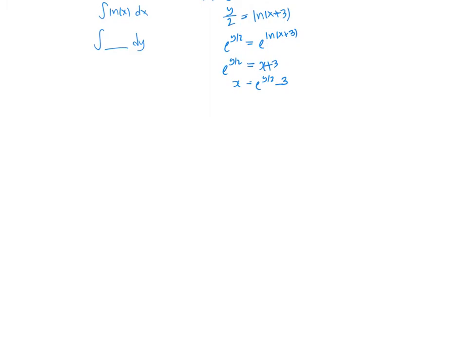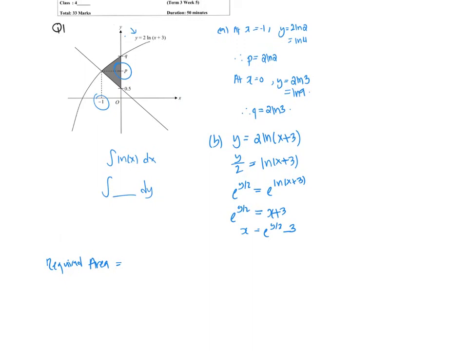So this is what we have for our function in terms of x. So our required area will be as mentioned earlier. If you look back at the diagram, you're going to find the area of the triangle first. The base of the triangle will be the value of p, which is 2 ln 2 minus half. The height here will be 1.